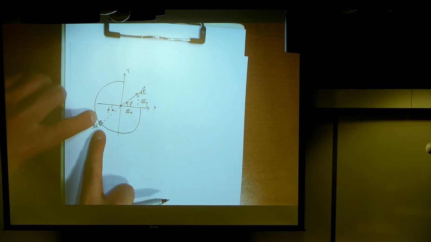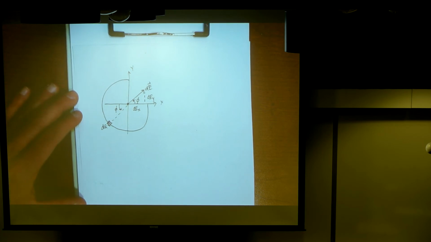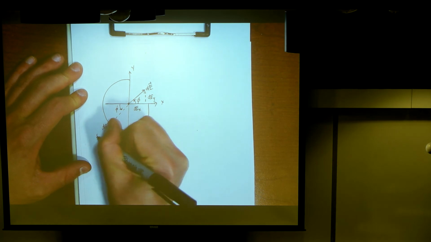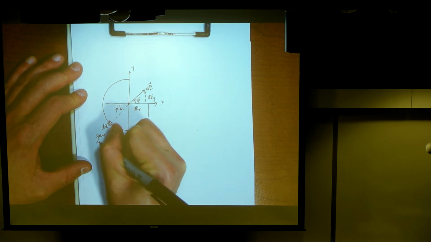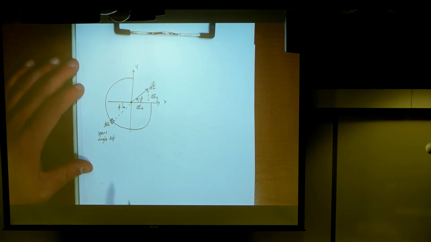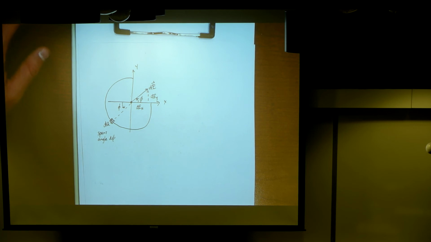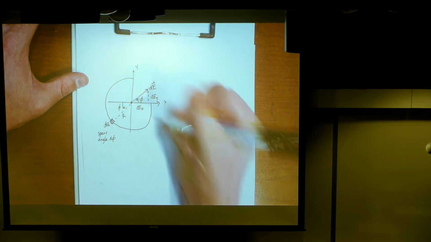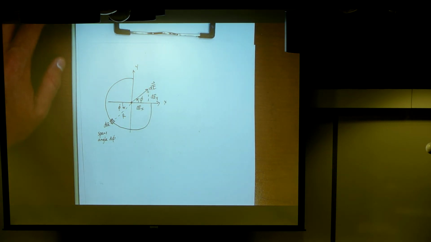But let's also note that this dq here spans a certain angle, okay? So we can call that angle d phi. That's what we typically do, because it's an infinitesimal angle that it takes up along the ring. All right? So last thing to note is this is the radius of the ring. Okay? So I think we've labeled everything we need to label.